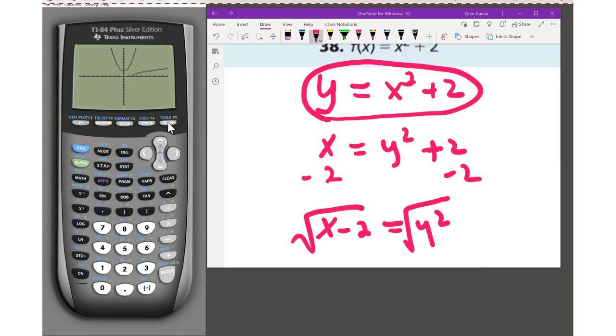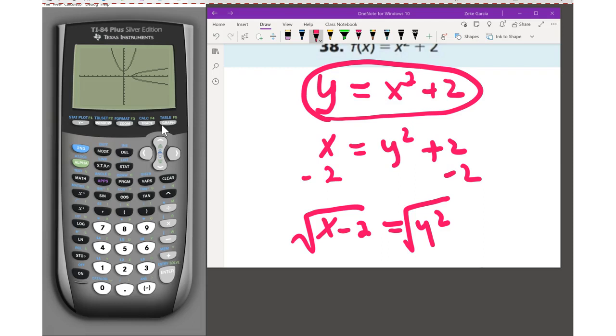So when you take the test, you're going to have to graph the equation and its inverse. Now you notice you're missing the other half. So what you need to do is you also need to graph negative square root of x minus 2. And that's how you get the inverse and the graph.